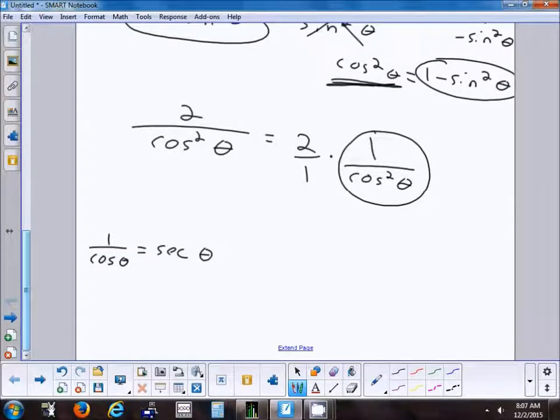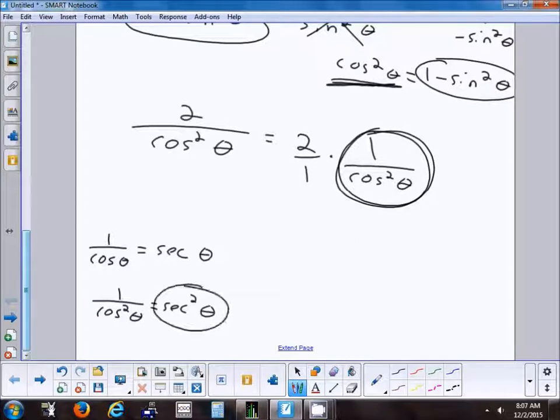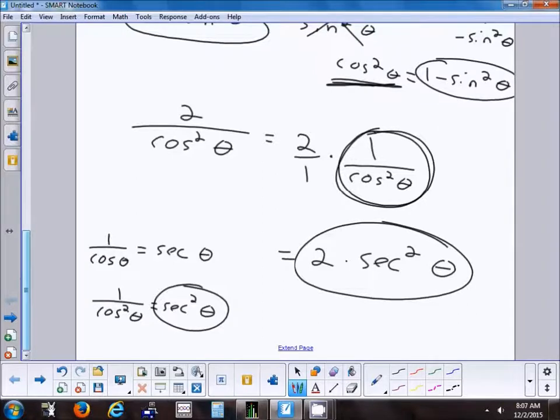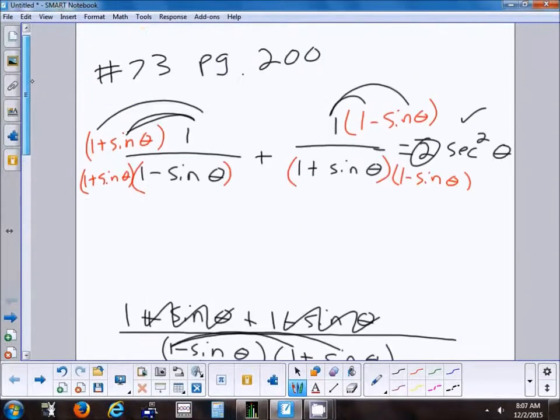Well, we talked about using these identities with higher powers. So 1 over cosine squared is secant squared. So now, instead of writing 1 over cosine squared, I'm going to write what it's equal to, secant squared. So I get 2 times secant squared theta, which is exactly what we were supposed to get from the beginning. 2 times secant squared theta.